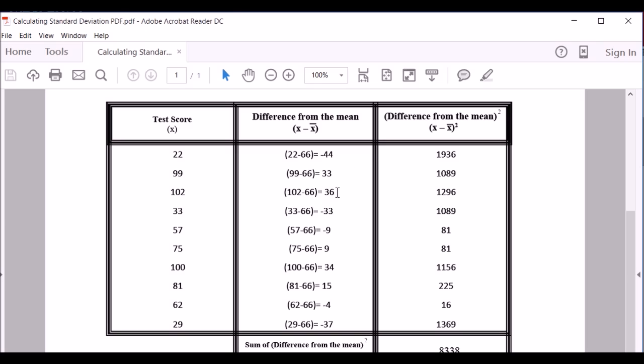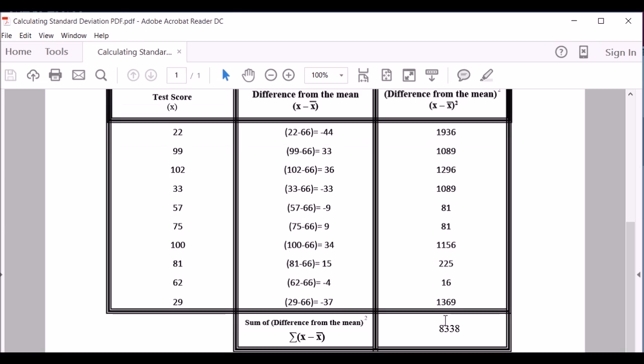Negative 44, 33, 36. That's taking the value and subtracting it from the mean. Then you square them. The difference from the mean squared, that's this column. And now the sum of the difference from the mean squared is right here. That's basically taking all those values and adding them up.